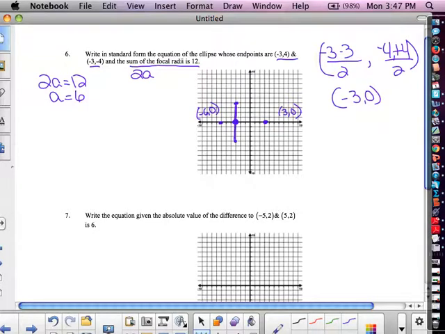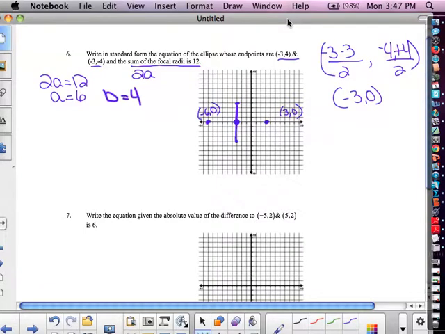Going 6 units, that's going to put me at -9 over here. 1, 2, 3, 4, 5, 6, 7, 8, 9. Okay, so now I know that b is equal to 4 units.